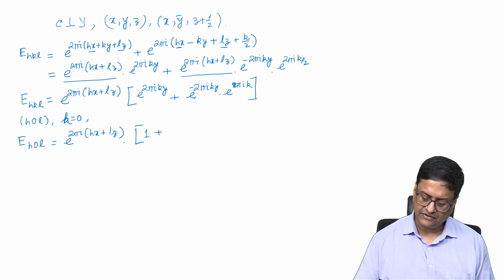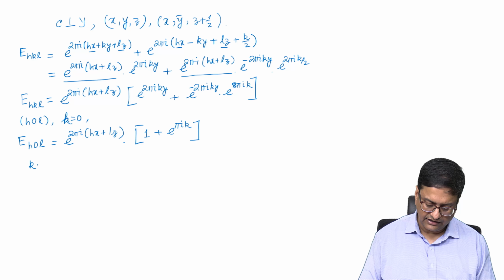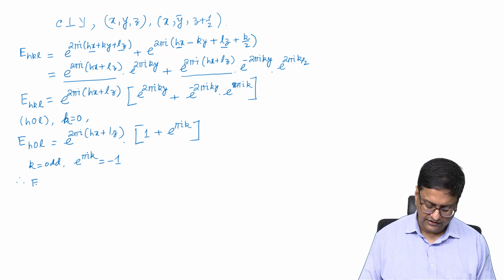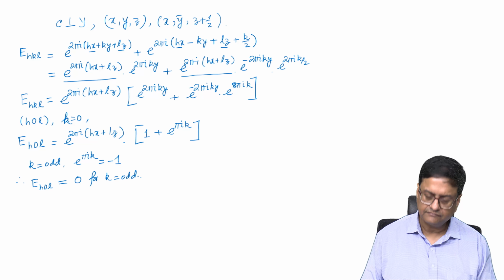In the second term, the first part is once again 1 and we are left with e to the power pi i k. So, now if k is odd, e to the power pi i k is minus 1. Therefore, E(h0l) is equal to 0 for k odd.